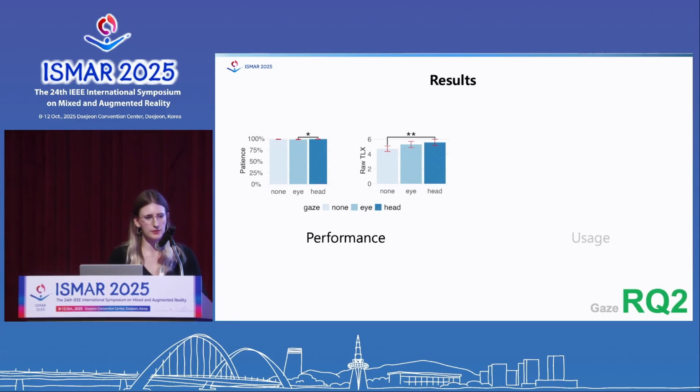You mean what the results are? Yes. So these are the results. There were not many significant results, to be honest. It did not change that much to use gaze cues or not use gaze cues. But at least they changed patience and also had an effect on mental load.